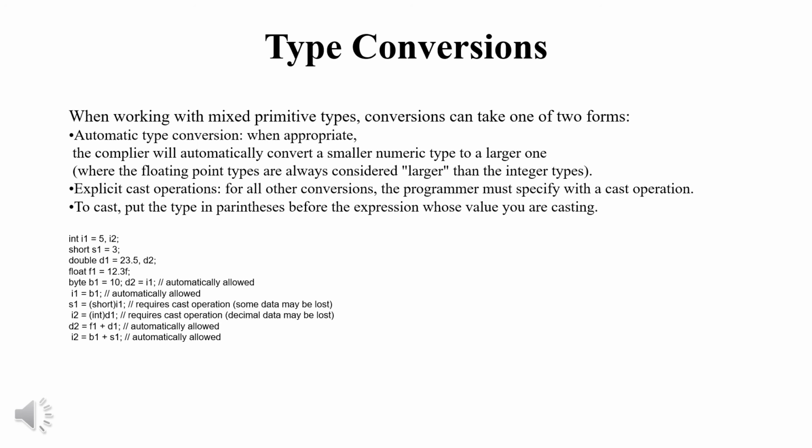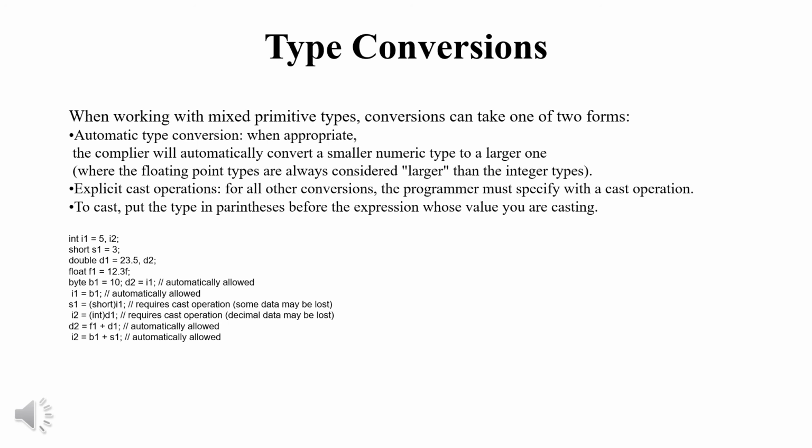For example, in this example, you see we have I2, right, with type integer, and then we have D1 with type double.